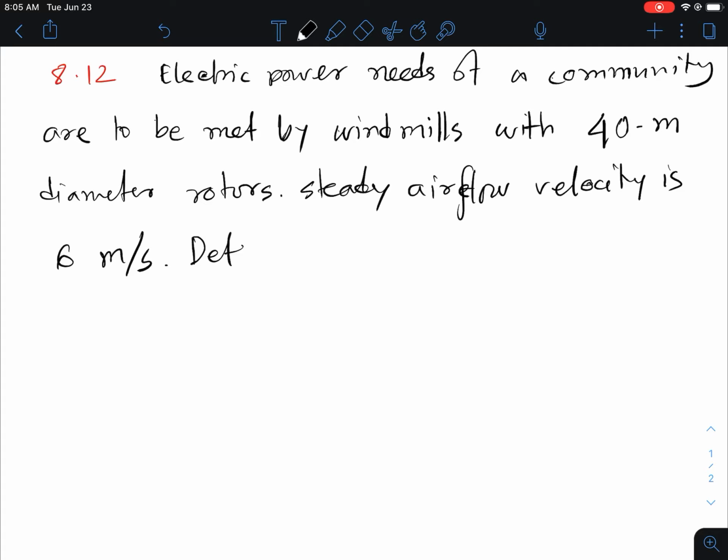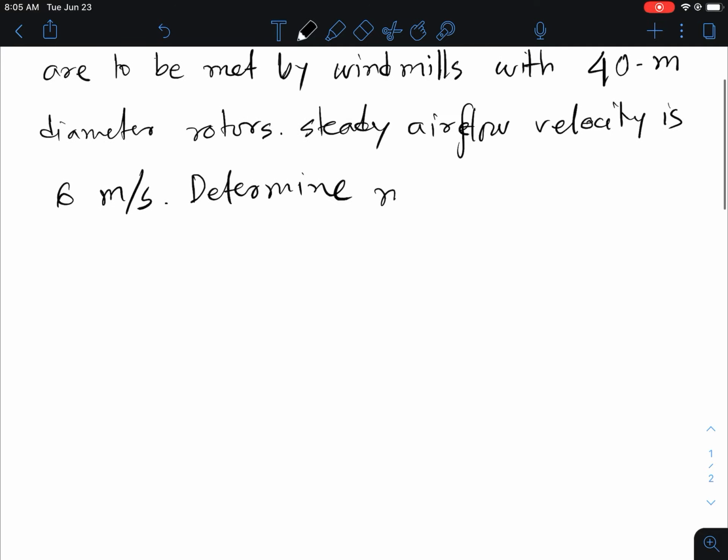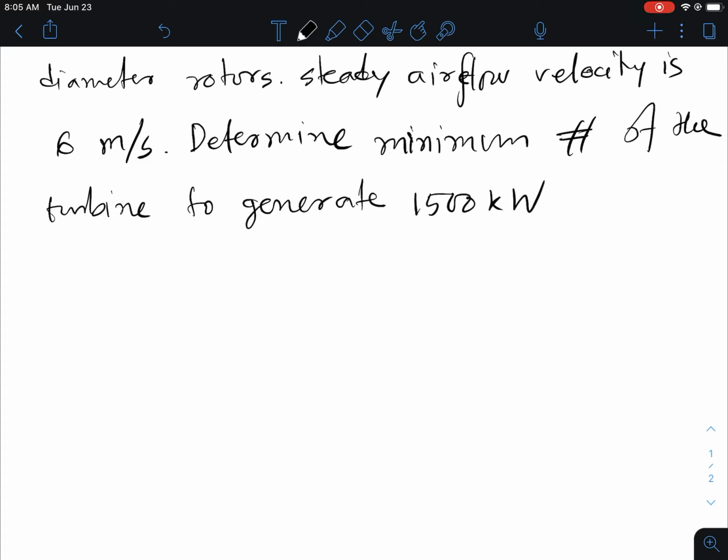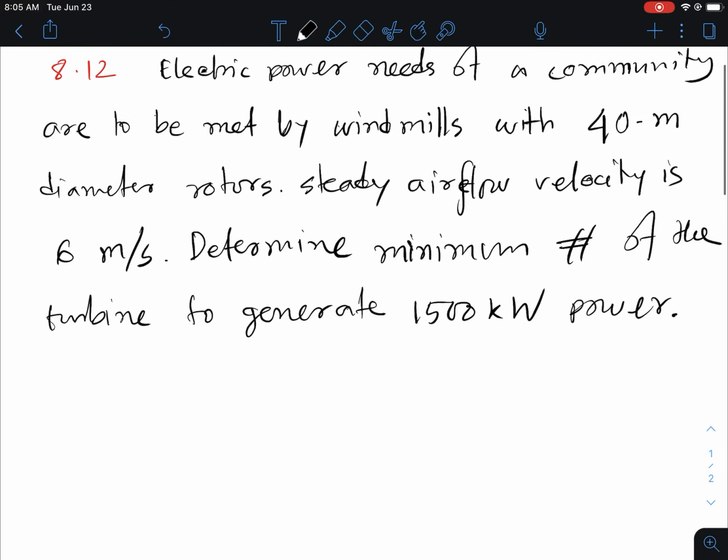Now determine the minimum number of wind turbines to generate a total of 1500 kilowatt power, right?